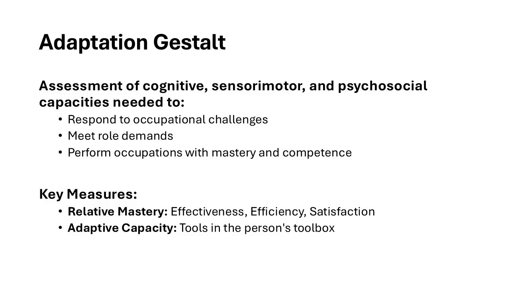Precisely. Which leads perfectly into the second key measure, adaptive capacity. Okay, so relative mastery was about now. Adaptive capacity sounds like it's about the future. It is. It's about building the toolbox for next time. It's the client's ability to generate new adaptive responses for future occupational challenges. Did this recent adaptation experience actually strengthen their ability to cope down the road?